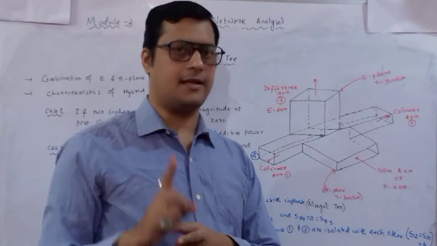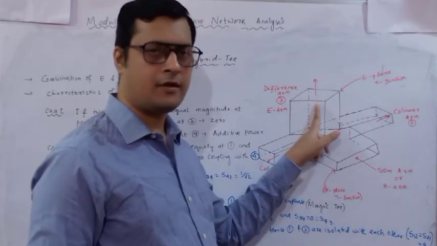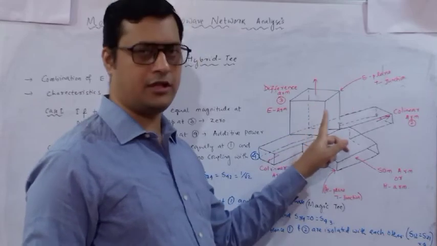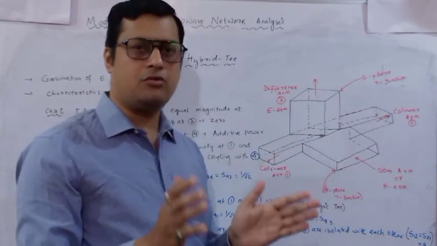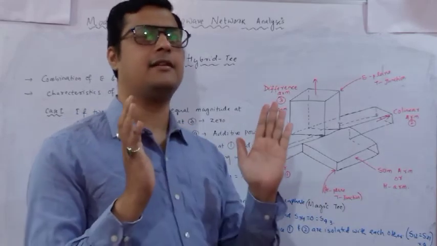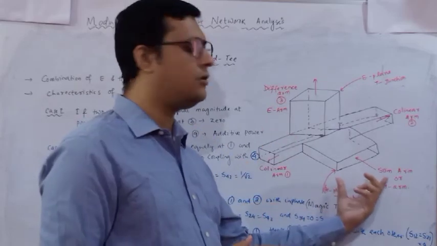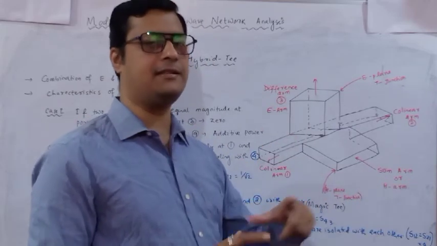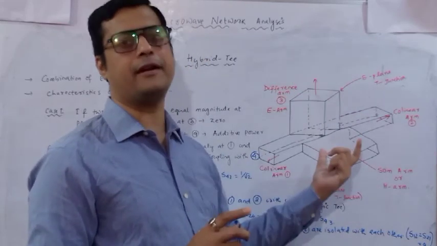That is the first. Second, if you feed the power at port 3, you will get two equal magnitudes at port 1 and port 2 but out of phase, as we have seen. That is an E plane T junction property, and no output power is available at port 4. That means there is no link between third and fourth while port 3 is fed the power.